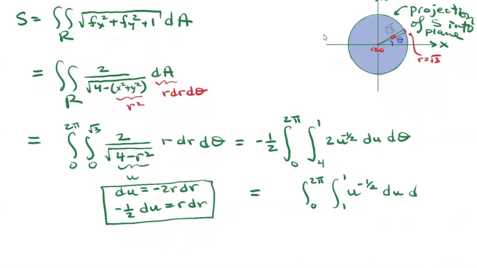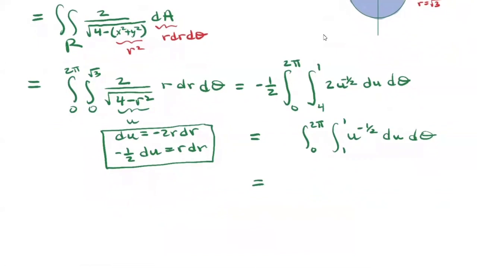And now we can go very quickly. Okay, so u to the negative 1/2, you add 1, you get u to the positive 1/2 times 2. So there will be a 2, integral 0 to 2 pi, of u to the 1/2, which is the square root of u, where u goes from 1 to 4, d theta. Does it get much easier than this?